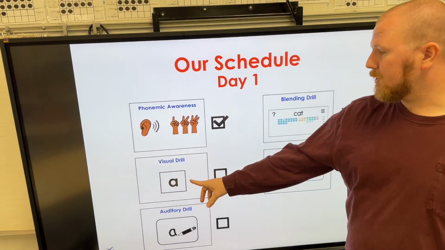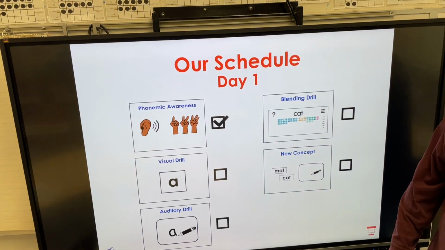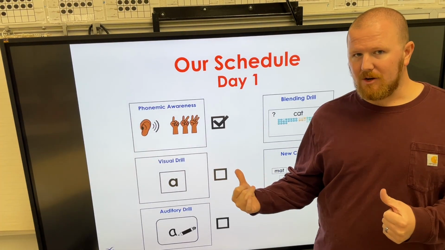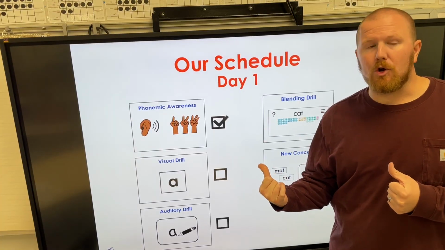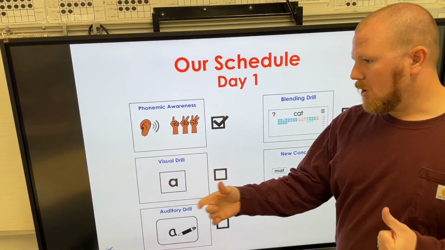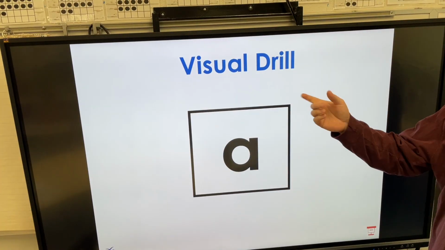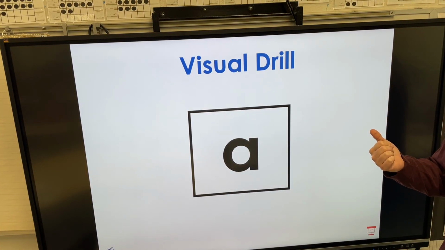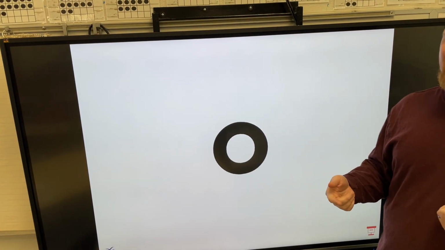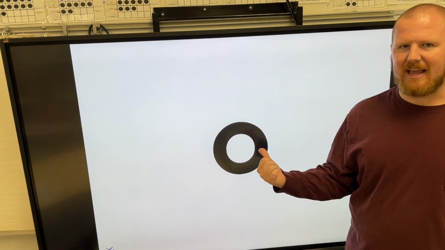So now we're going to move into our visual drill. So that's where when you see the letter, the picture, the grapheme, you're going to tell me what it says. So let's move forward. First letter is A. So what does A say? A says ah. What does this say?